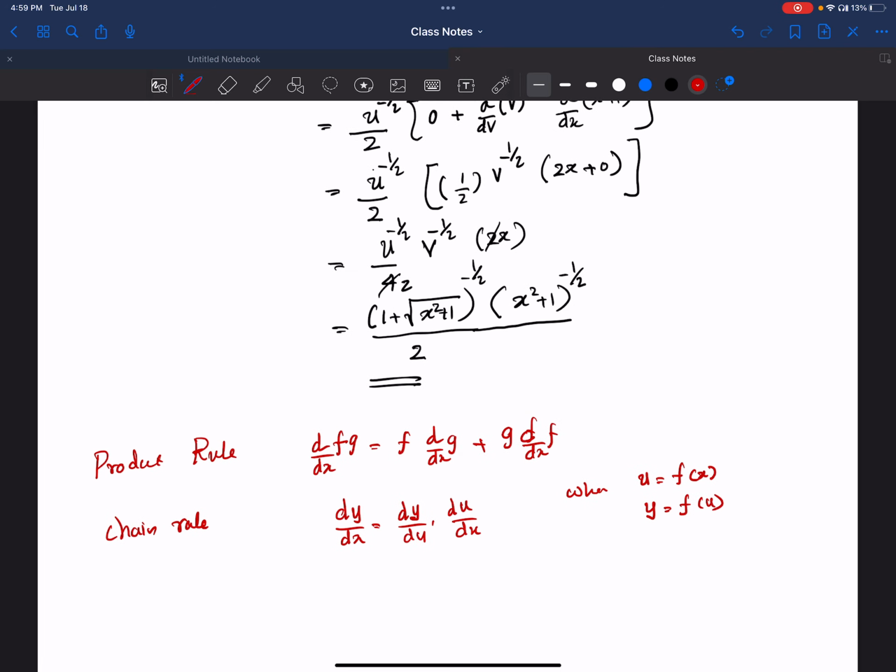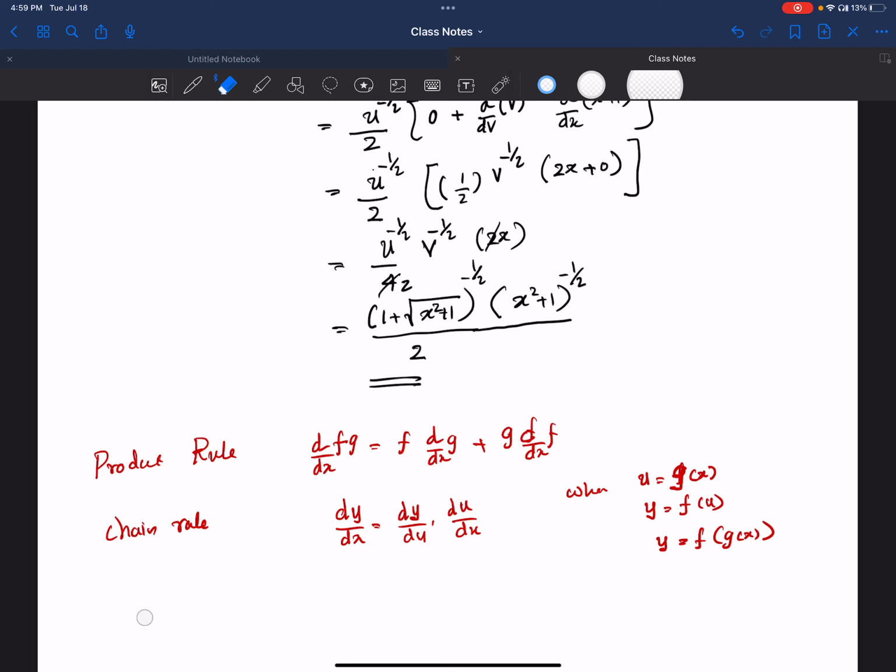And in that case, y is a function of g, so y is a function of g of x, something like that. Say this is g of x.